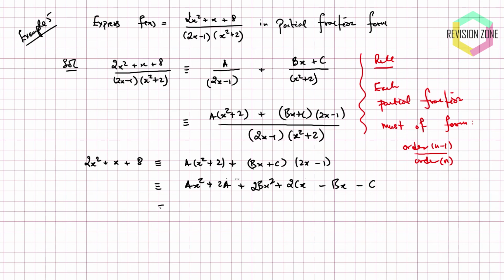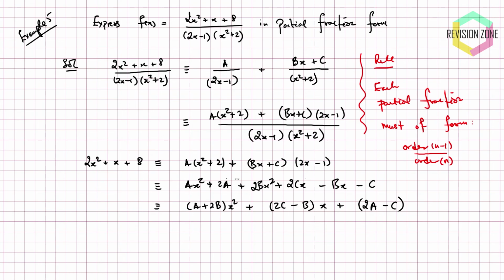Okay, so collecting terms, we can say a plus 2b has the x squared term, and the 2c minus b, that's my x term, and then I have 2a minus c, that's my constant term. And already you can see there's a lot more flexibility here. When we got this sort of an equation last time, there were only two unknowns in that, but now there are three unknowns here, and of course there are three coefficients to be equated, and life in that way works out to be a lot nicer.